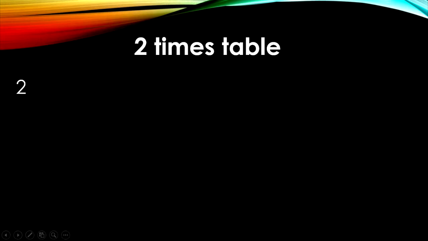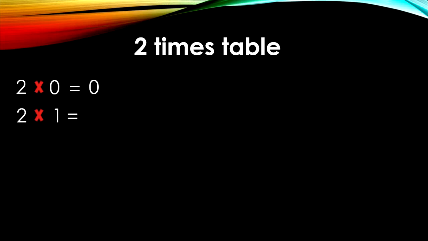First, 2 times 0. As I told you before, the product of any number and 0 is always 0. It means 2 times 0 is 0. Then we have 2 times 1. What we have to do here is make 2 groups.